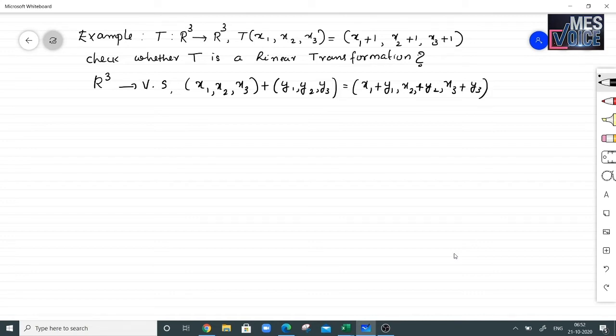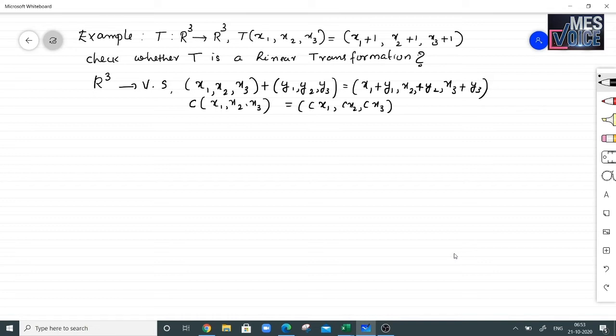And the scalar multiplication is defined as c into ordered triplet (x1, x2, x3) is equal to ordered triplet (c x1, c x2, c x3). We have to verify that T is a linear transformation.